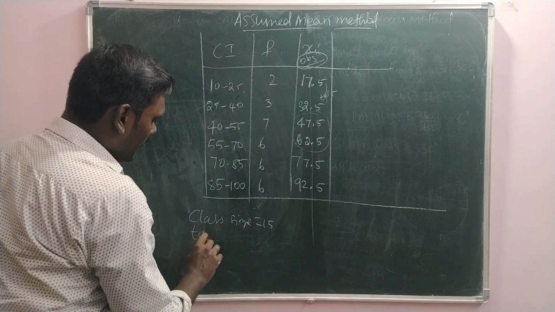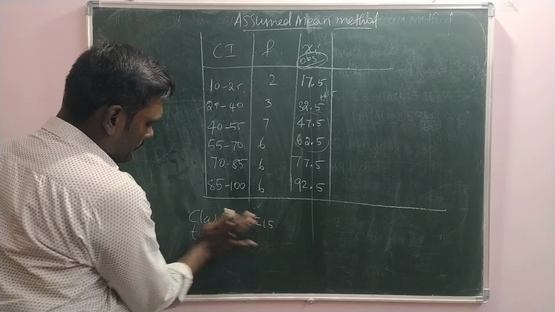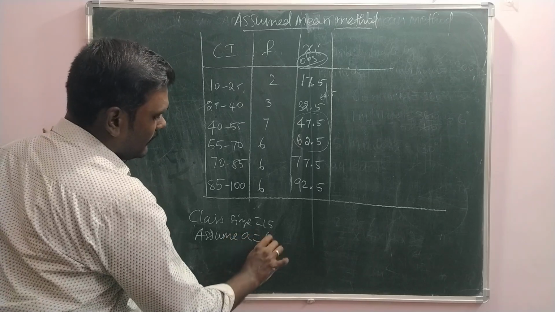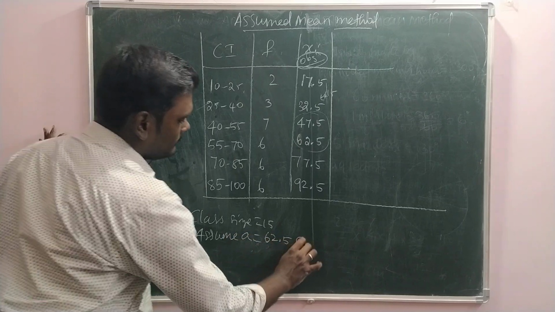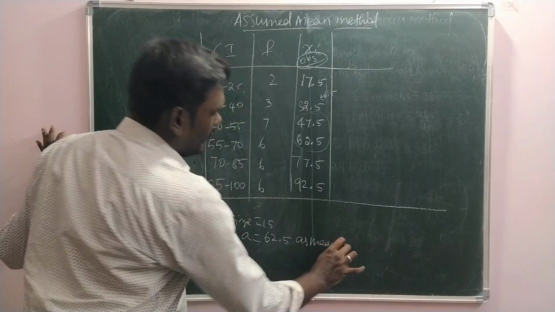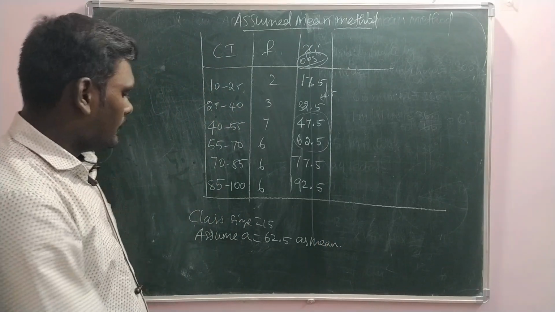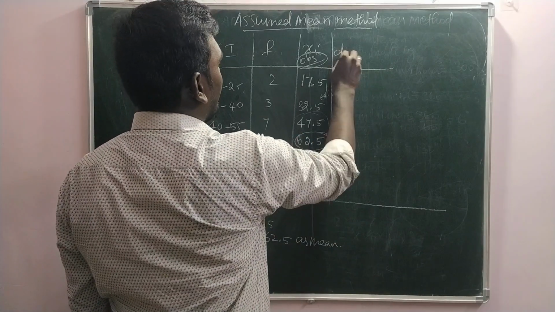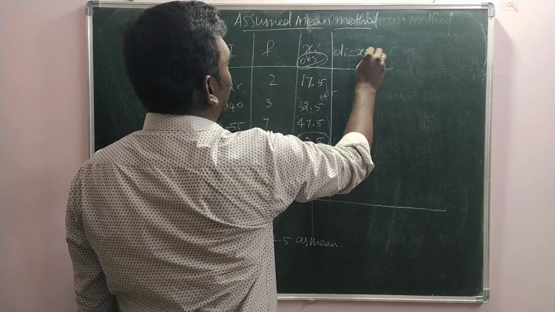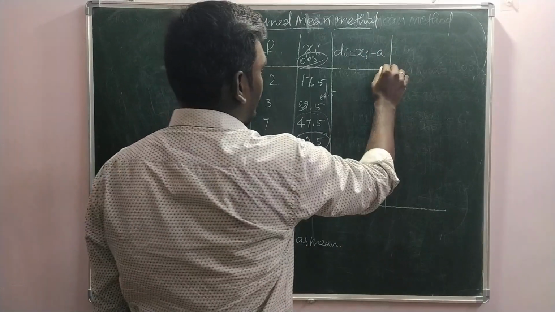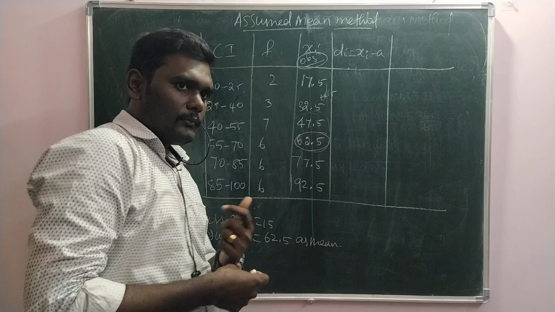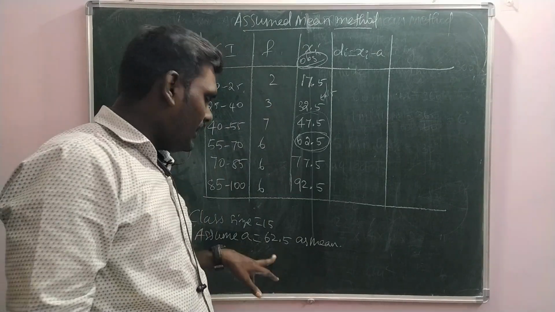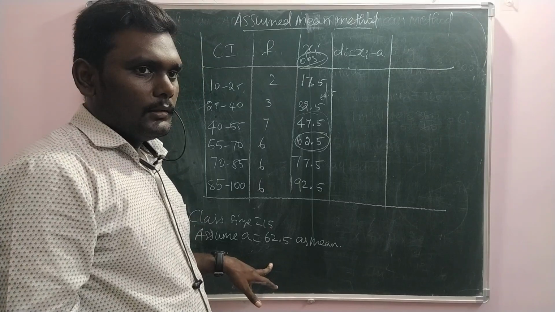Now we assume A equals 62.5 as the mean. After assuming it, we have to find the deviation di, which is xi minus A. That means we have to subtract the assumed mean from each of the observations.